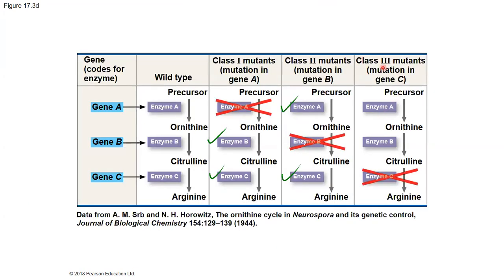Because class 3 mutants do not have a functional enzyme C. They have functional enzyme B and enzyme A. Even if you give them ornithine and enzyme B converts ornithine into citrulline, enzyme C will not be able to convert any citrulline into arginine. So it doesn't really matter if you give them citrulline or ornithine, because they do not have the enzymatic activity important for the synthesis of arginine from citrulline.